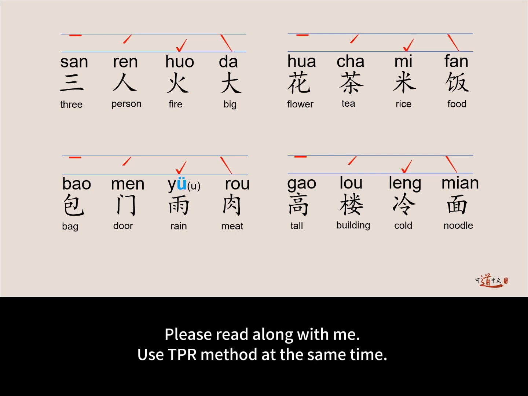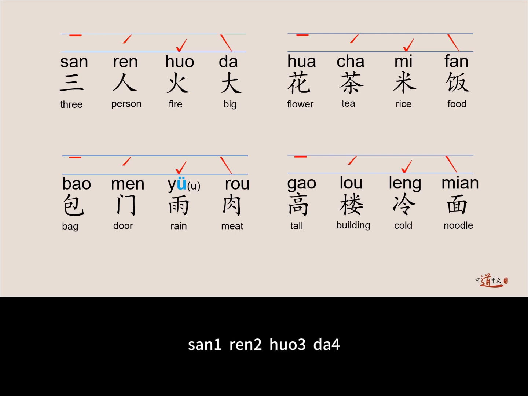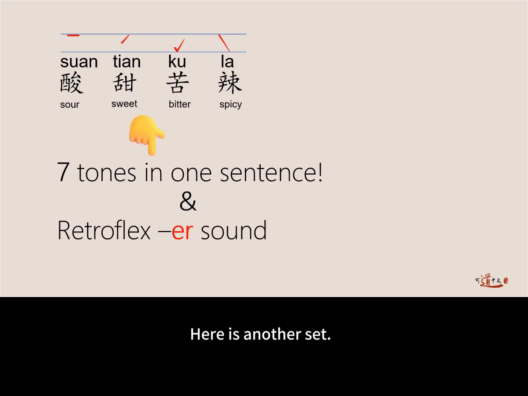Use the TPR method at the same time. 三人火大 花茶米饭 包门雨肉 高楼冷面 Here is another set.